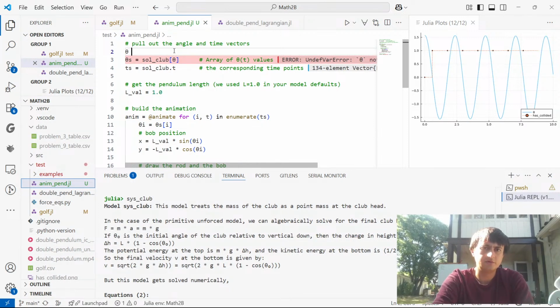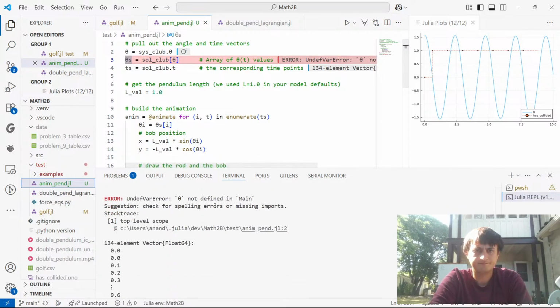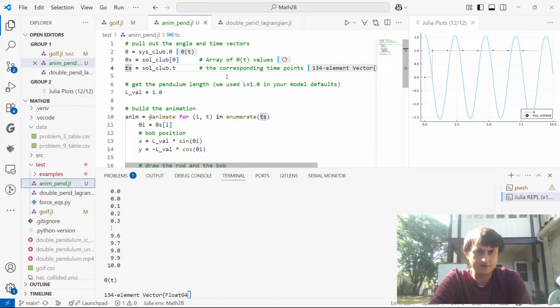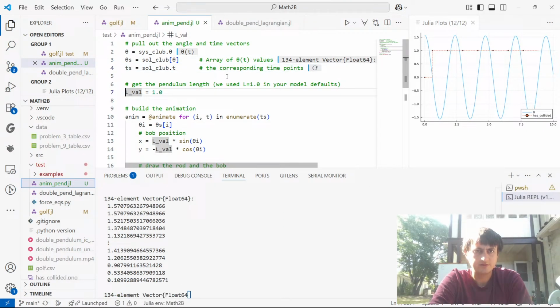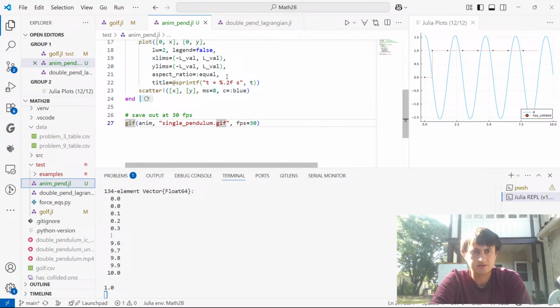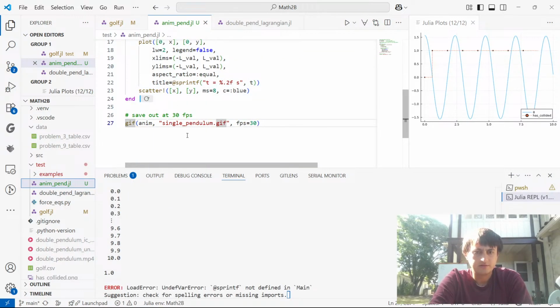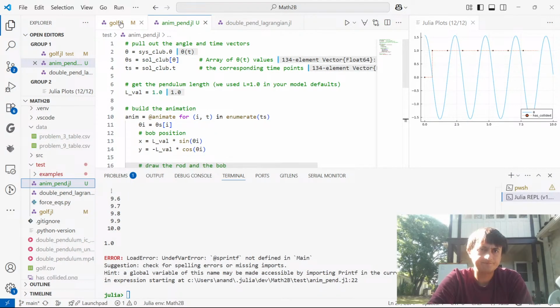Theta equals cis club dot theta. Then we can do this. Then we can do this, this. Oh, yeah.